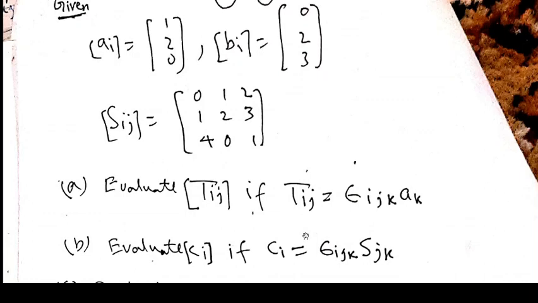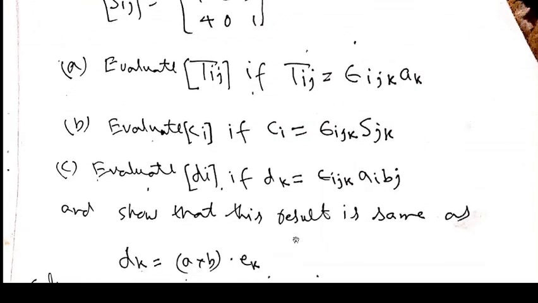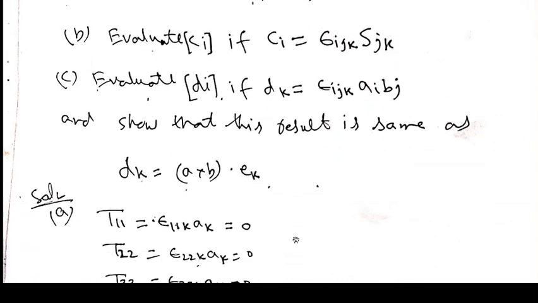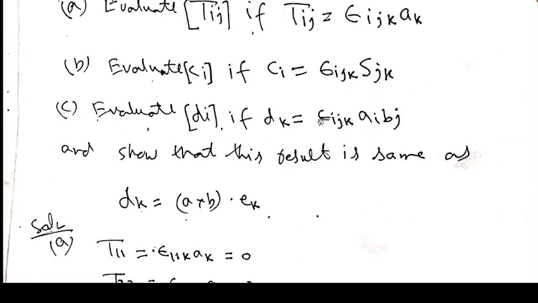Now we have some questions about this epsilon. This is a vector A, this is vector B, and this is S. Let us calculate this. If Tij is this, calculate this. Now first we will do part A. We will have to calculate these 9 components, the whole matrix.